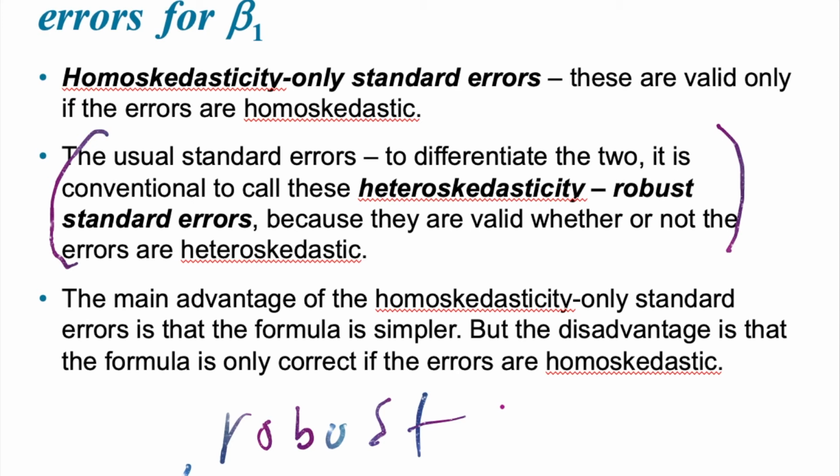However, there is a cost to using homoskedasticity only standard errors, which would be the case if we did not include comma robust after our regression. Okay, in that case, we would be using homoskedasticity only standard errors, and if in fact our data represented heteroskedasticity, then our standard errors would be incorrect. They would be biased. There's a good chance they would be biased downward, and we would not be making good statistical inference.